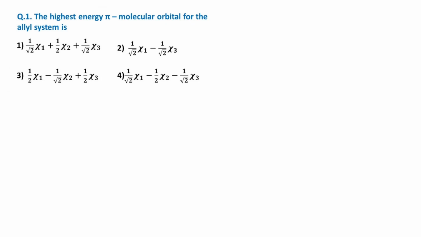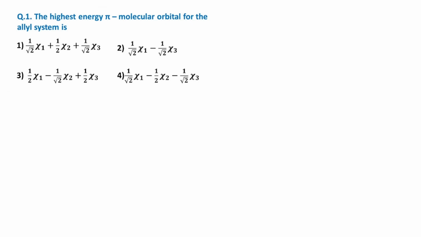So you don't have to think about the molecular system, you just see how many nodes are present for each case. So what do you think in the first case? How many nodes are there? You can see that by judging the signs of the coefficients.